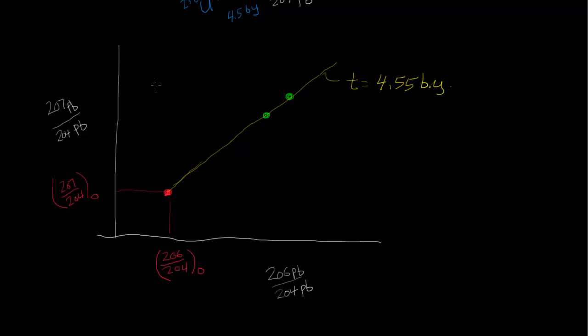And so what he took is a bunch of oceanic sediment. The oceanic sediment was derived from erosion of all the continents all over the world, and so it's a good estimate of the bulk composition of the Earth. And when he plotted that oceanic sediment, lo and behold, it fell right on the line.